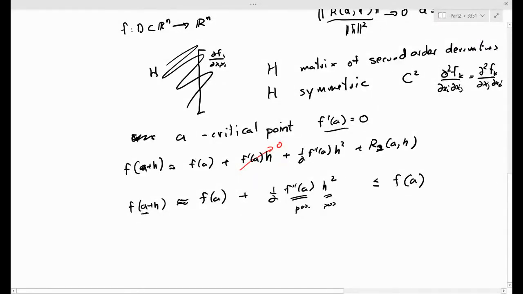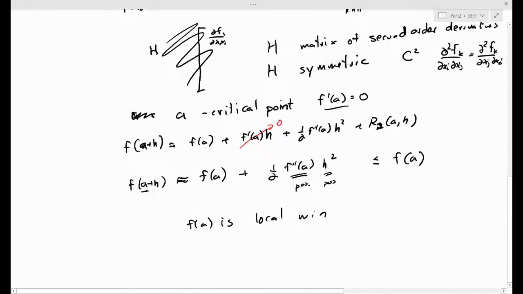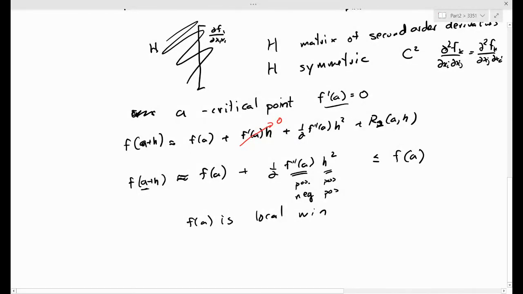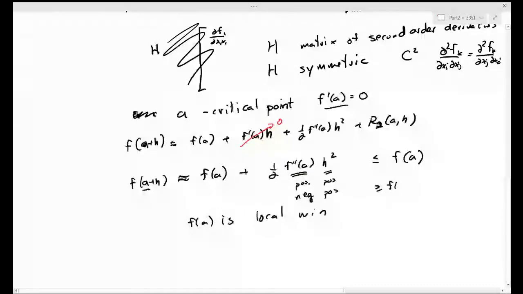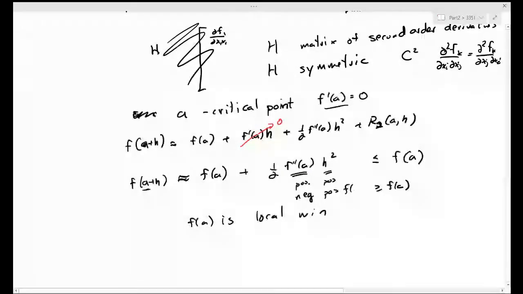So you know that you had f at a as a minimum. And similarly, if this was negative, then this whole thing was negative, so f of a would be bigger than f at a plus h.